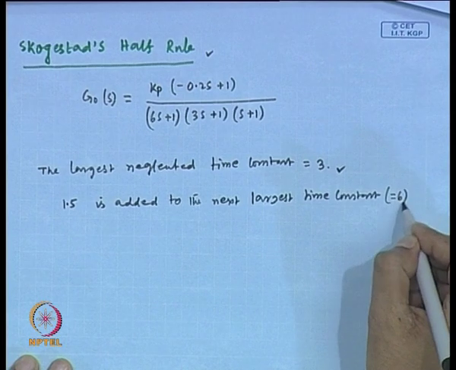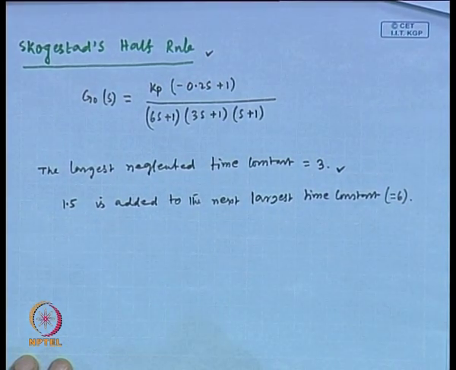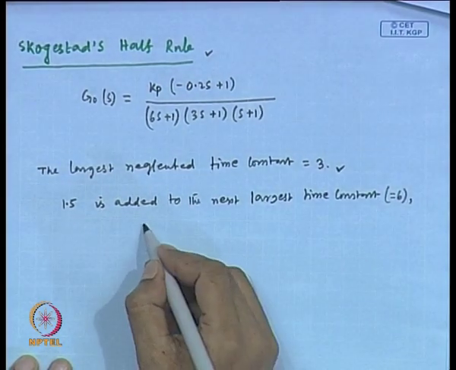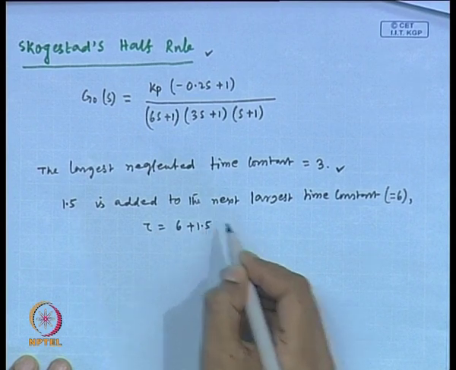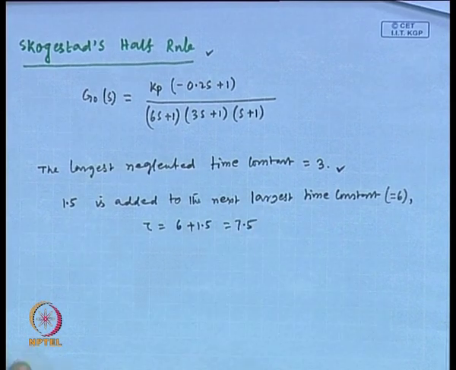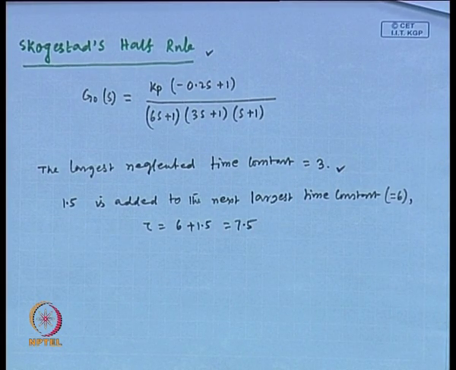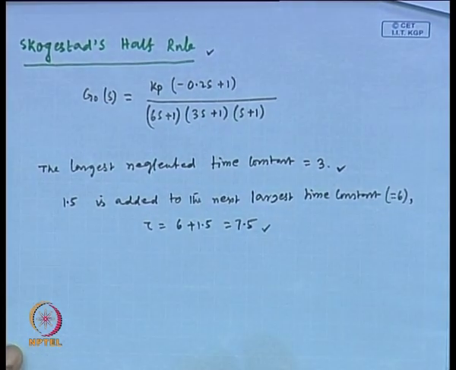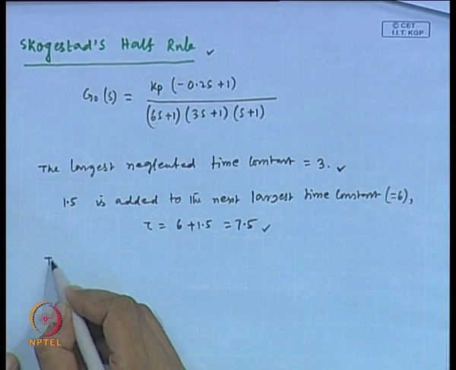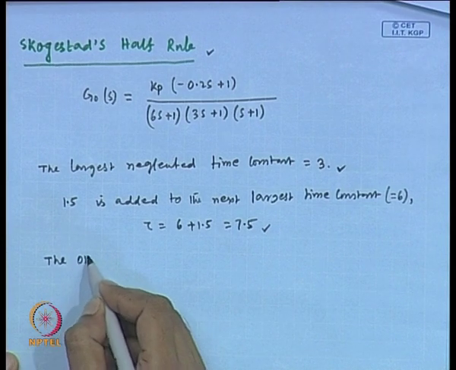The next largest time constant is 6. That means the time constant becomes 6 plus 1.5, that is 7.5.